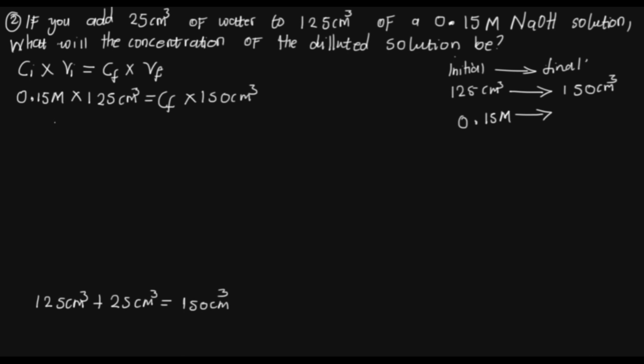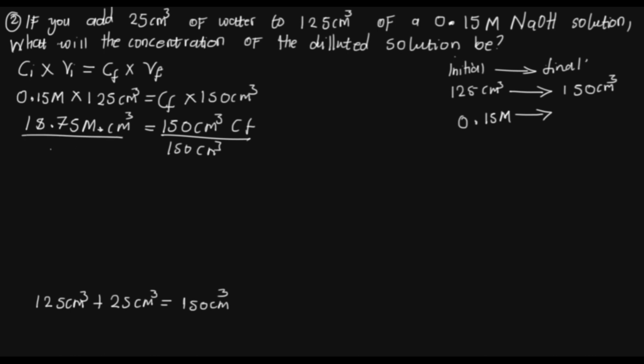So we can now multiply 0.15 times 125. So here we are going to get 18.75 molarity cubic centimeters. Then 150 cubic centimeters times Cf. Here we divide by 150.